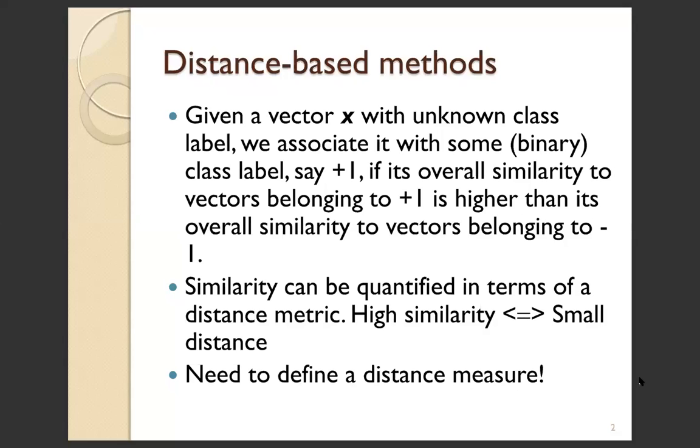You can use a distance metric to quantify similarity, so highly similar samples will have a small distance between them. But you first need to determine what distance actually means.